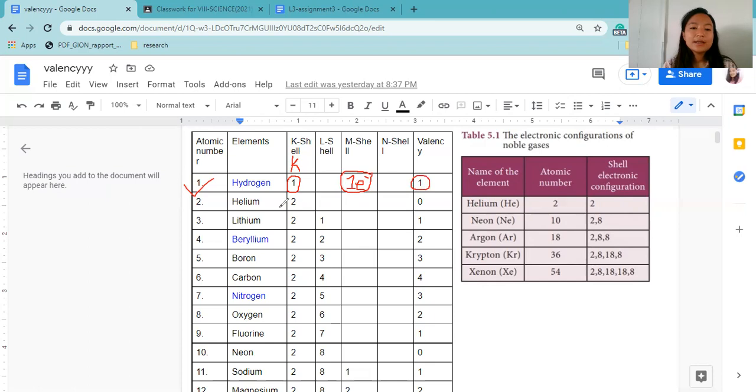All right. Now let's look at helium. Helium already has 2 electrons in its valence shell, the K shell. So it's duplet stable. No need to bring in electrons nor remove electrons. So the valency is 0.